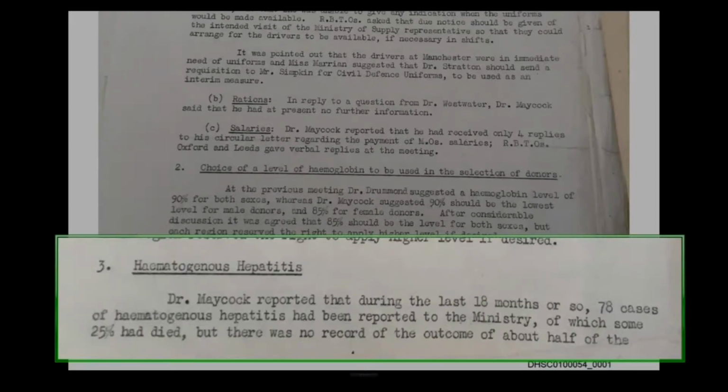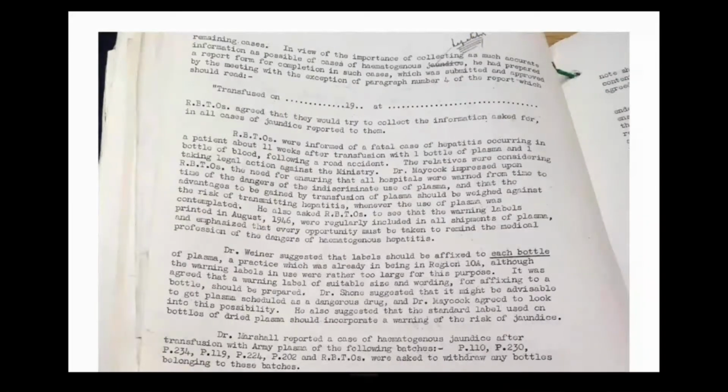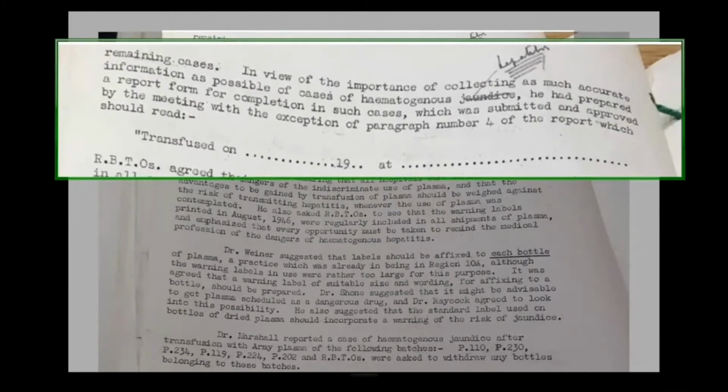But there was no record of the outcome of about half of the remaining cases. In view of the importance of collecting as much accurate information as possible of cases of hematogenous hepatitis, he, Dr. Maycock, had prepared a report form for completion in such cases, which was submitted and approved by the meeting, with the exception of a particular paragraph. And so we see Dr. Maycock seeking to establish a clearer reporting system.